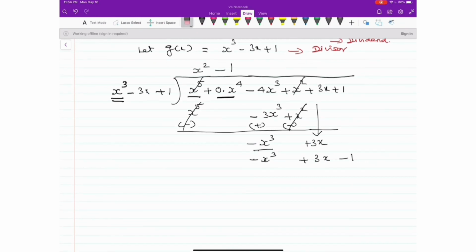Now I have to subtract. So the sign will change. I will be getting over here plus, in this place minus, here plus. Minus x cube plus x cube will get cancelled. Plus 3x minus 3x will get cancelled. Here I will be having plus 1.